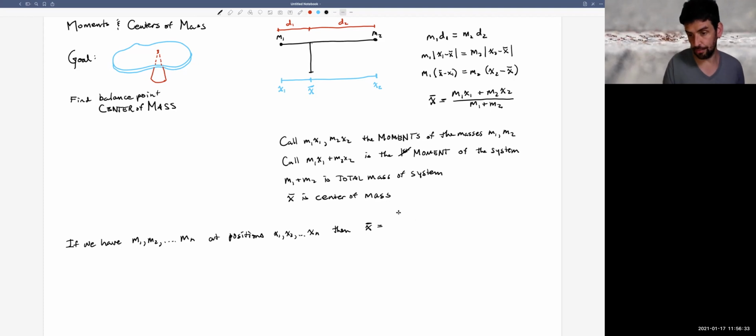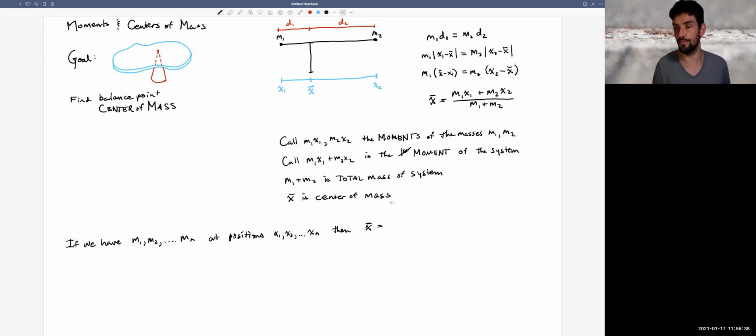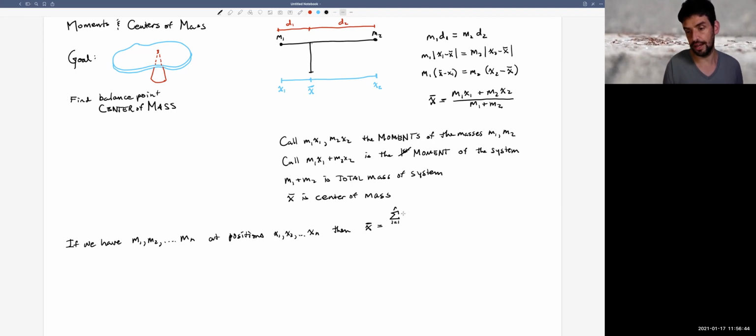We take the sum, right? Look at this equation up here. We have the sum of each mass times its position. We're going to do the same thing here. We're summing from 1 to n of mi xi. Let's write it in the same order as the other one, just to be consistent.